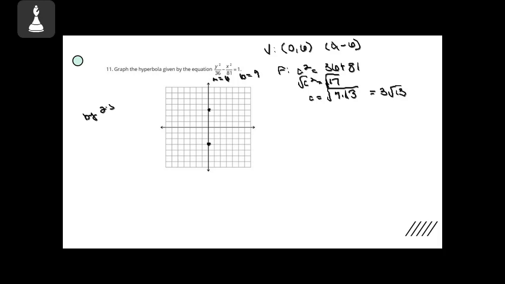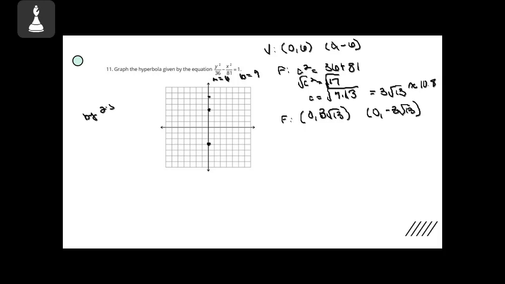But in decimal form to help us is about 10.8. So our foci are on the y, so 0, 3 root 13, 0, negative 3 root 13. All right, so 6, 8, 10, 10.8. So there's my foci.